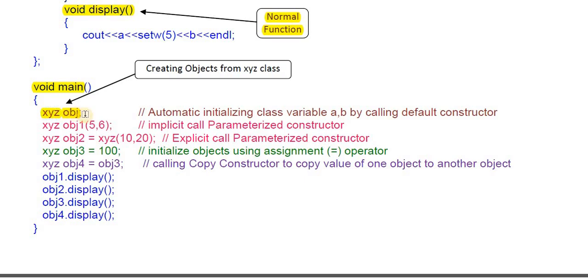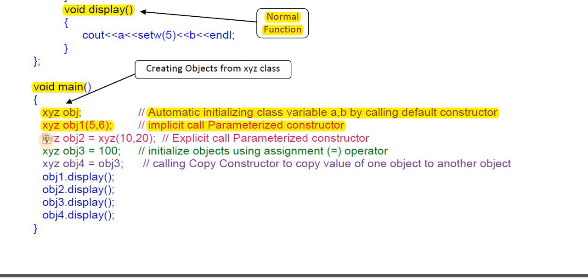When we create an object from a class name, the compiler or computer will automatically call the default constructor. And in the second line, XYZ class name, another object we are creating, object 1. We are creating it with parenthesis and values. Here we are not using any function name or constructor name, just the object and values in parenthesis. So this technique is called implicit calling.